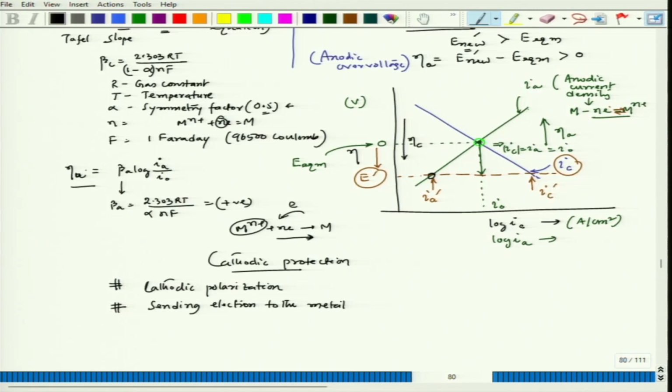So, if we run these two processes, then definitely we can get a very low level of Ia, or correspondingly a very low level of dissolution rate.